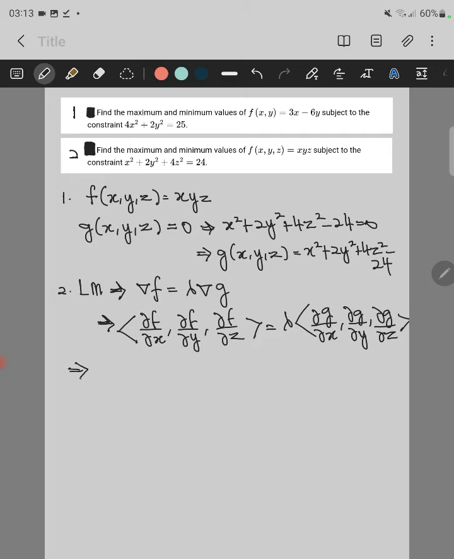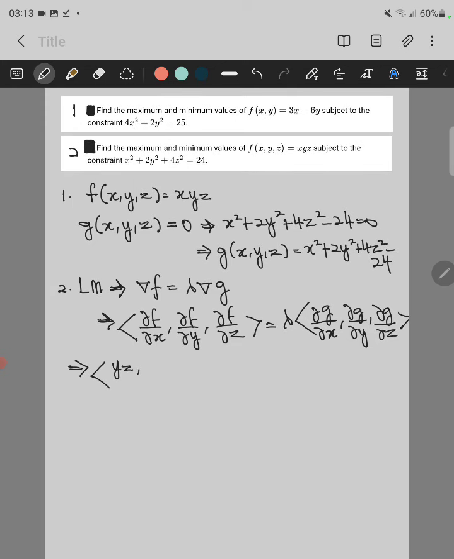From here, ∂f/∂x will be equal to yz, and then ∂f/∂y will be equal to xz, and then ∂f/∂z will be equal to xy.